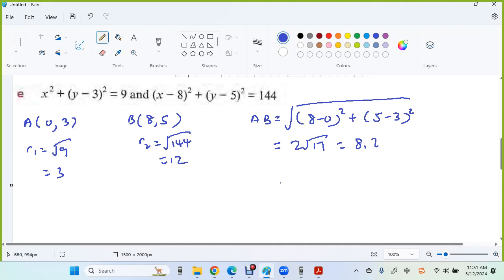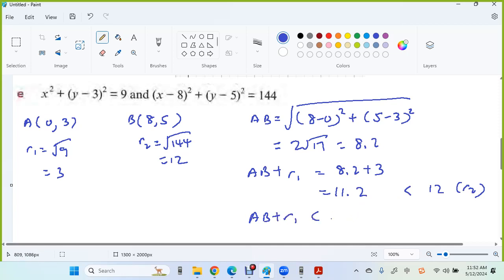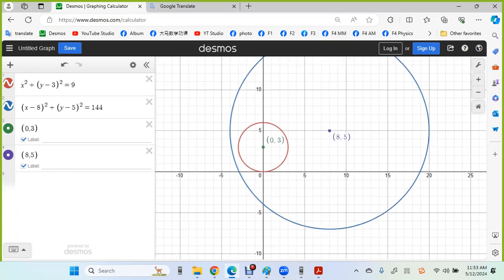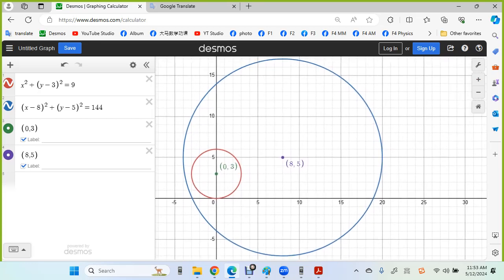So AB plus R1 is 8.2 plus 3, 11.2, which is less than 12, that is R2. So AB plus R1 is less than R2, therefore they do not intersect. By using decimals, we can observe that they don't touch each other, they do not intersect at all.